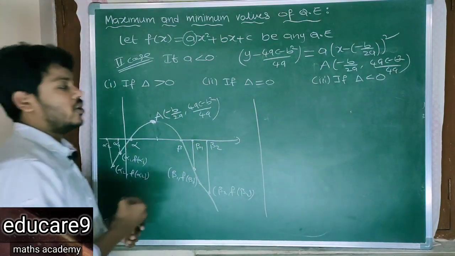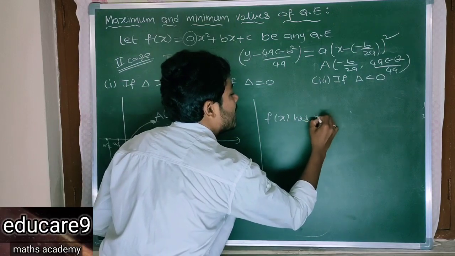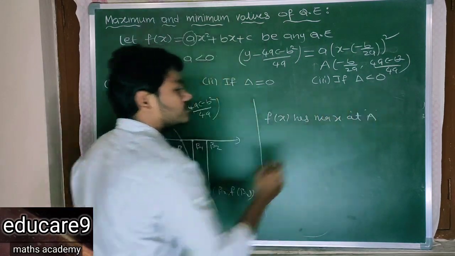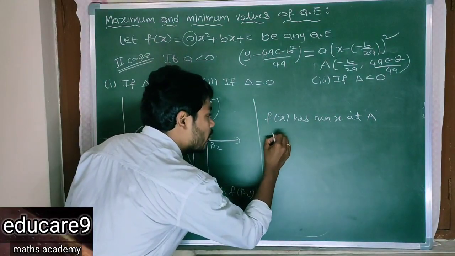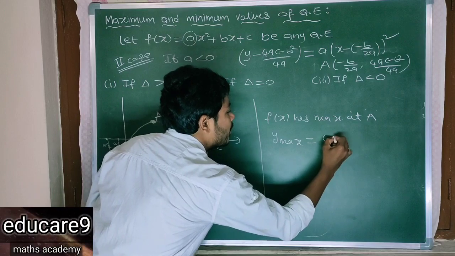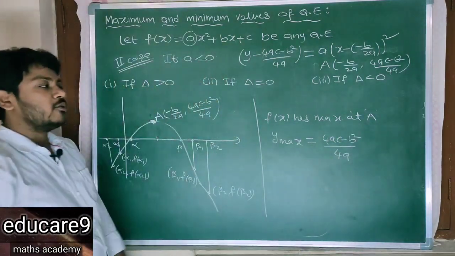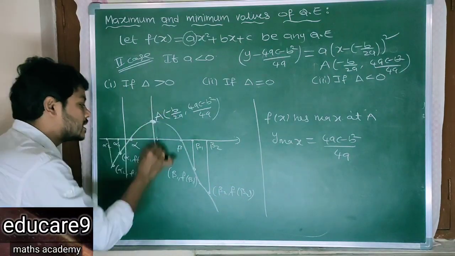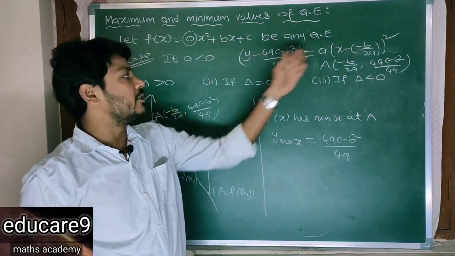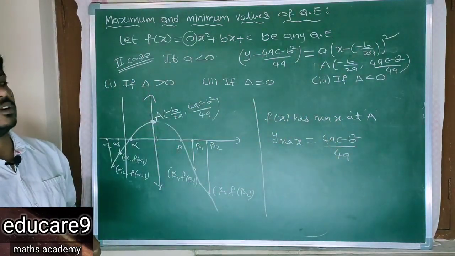So therefore f of x has a maximum at the vertex. Therefore, y maximum is equal to what? 4ac minus b square by 4a. At vertex A, that means at x equal to minus b by 2a, y maximum is 4ac minus b square by 4a.